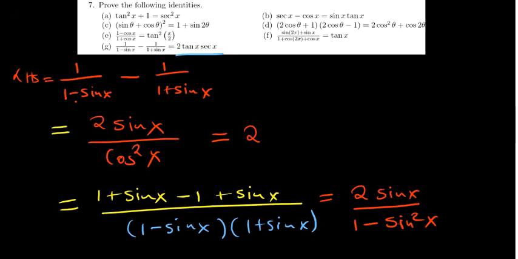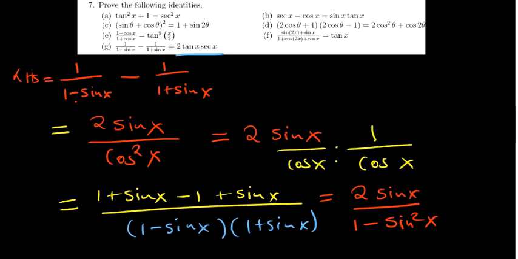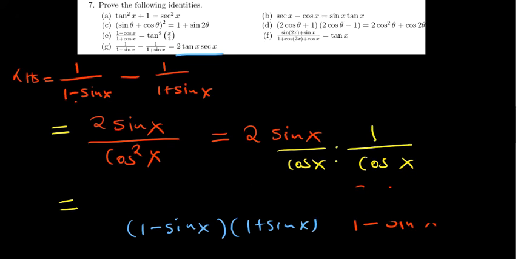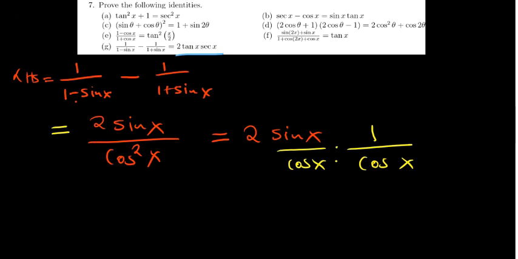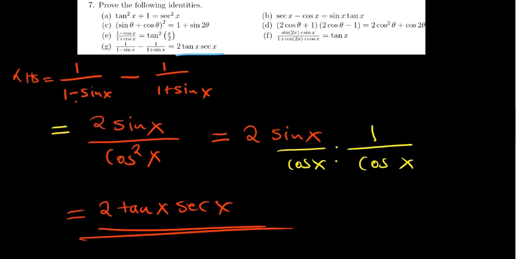So we have 2, and I'll divide by 1 cosine, since we split the cosine squared of x into 2, and then put the 1 there. I think it's now visible. Sine over cosine is 2 tan x, and then 1 over cosine is secant of x. Yes, I think we are done.